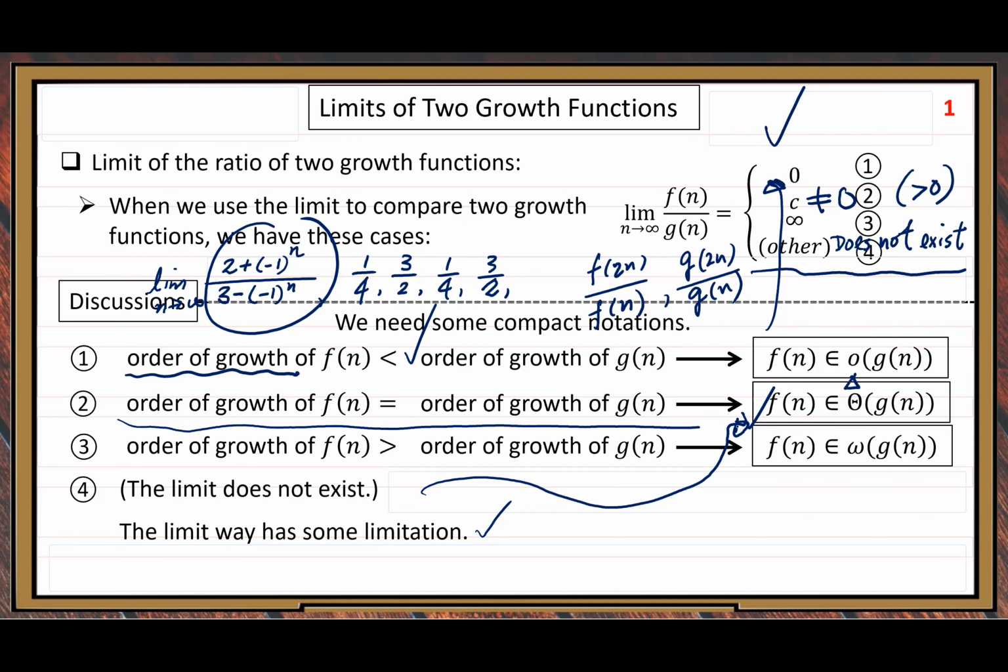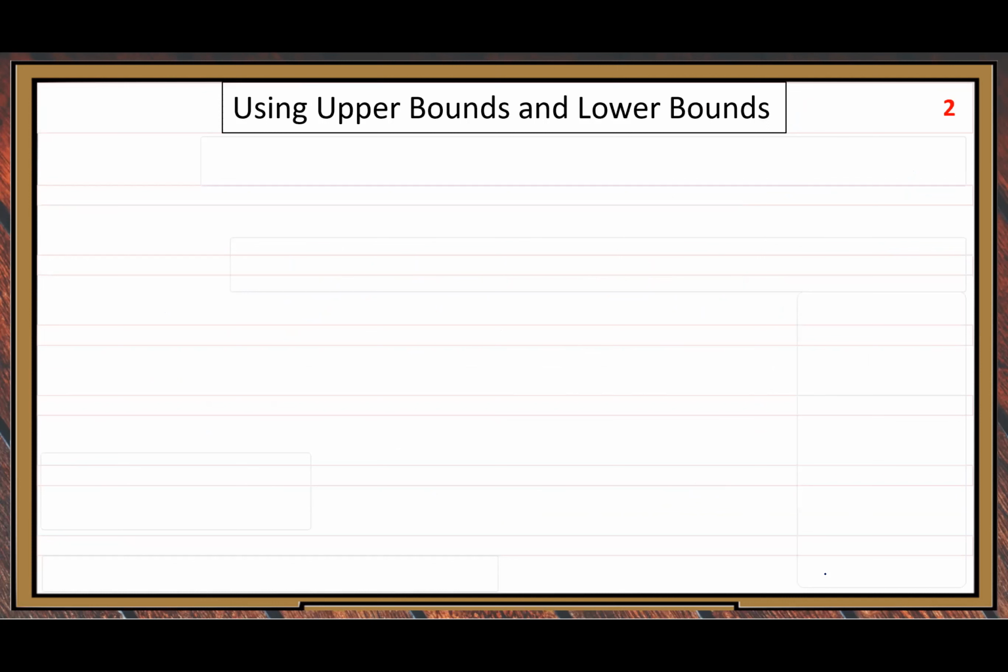All right, so let me show you our second method. We need a new method for case two, using upper bounds and lower bounds.